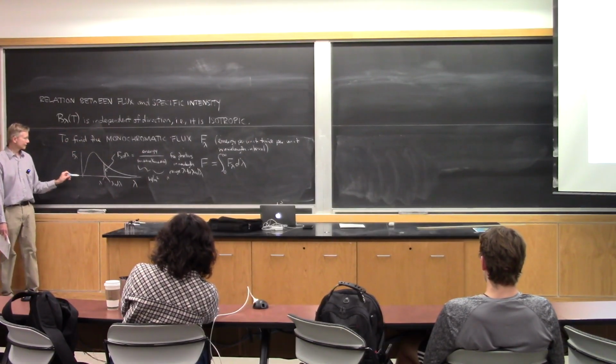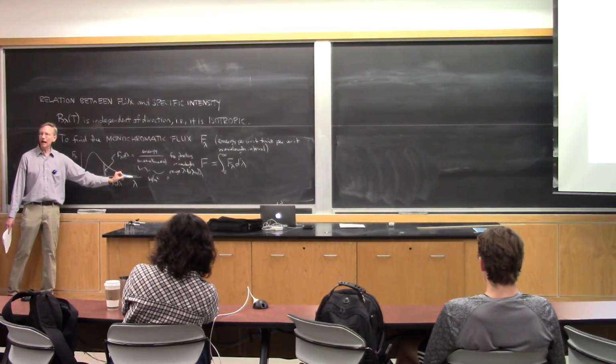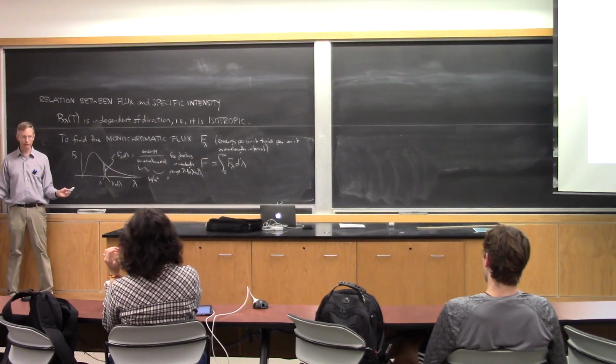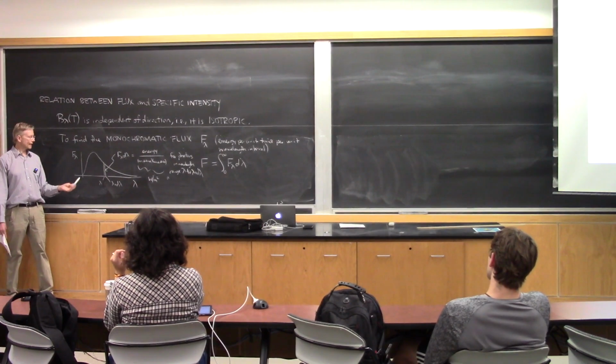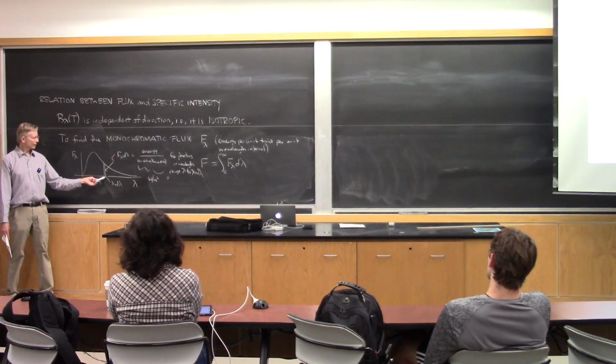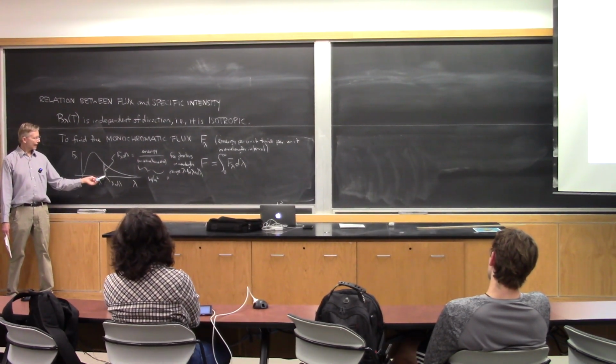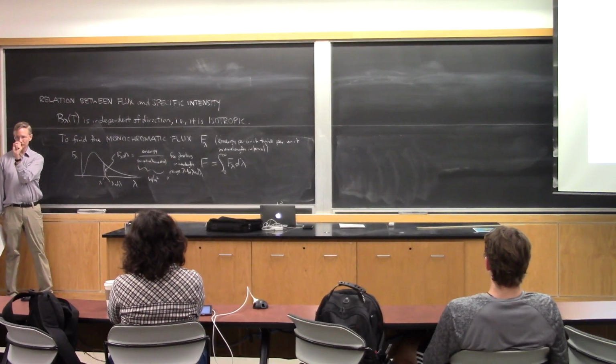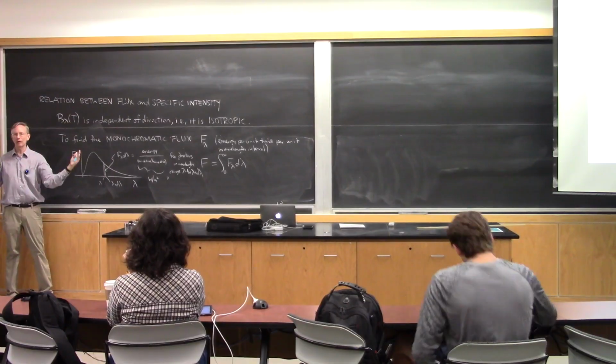Or in other words, it's the area under the entire curve, which is the total flux coming out of the surface. And F lambda is how much is coming out of the surface per unit wavelength interval, as opposed to over all wavelengths.